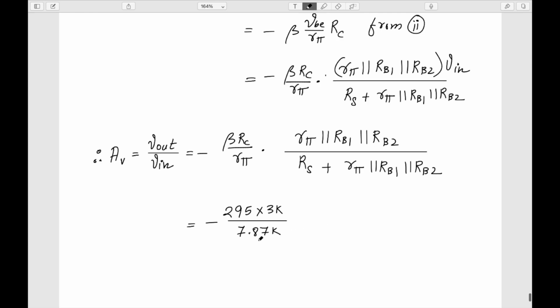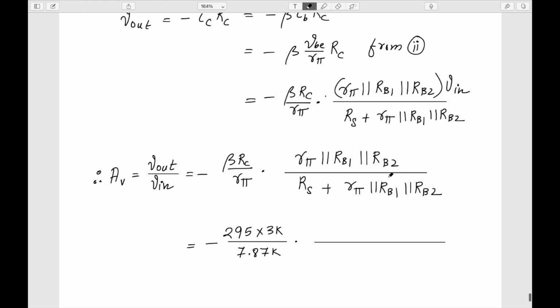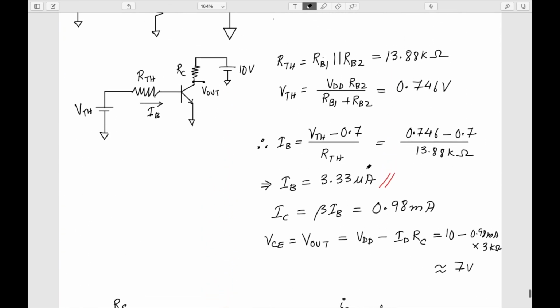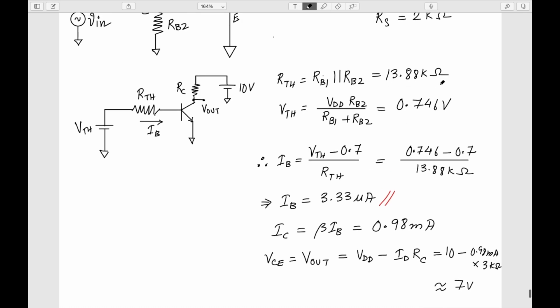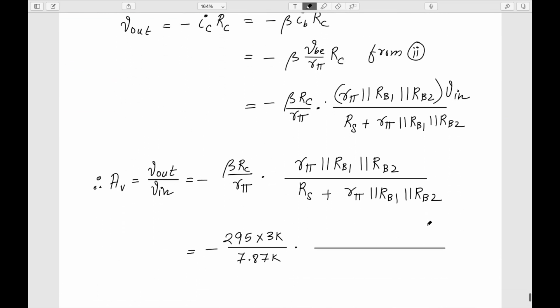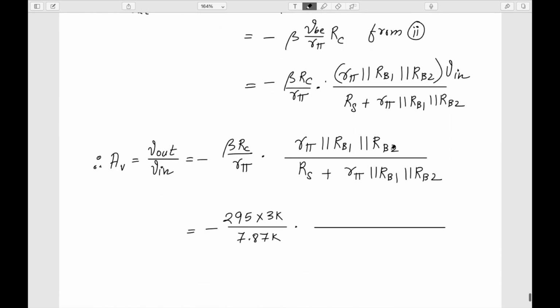In my case RB1 parallel RB2 happens to be 13.88, and if I make this one parallel with 7.87 R pi, this whole expression I'll get a value of approximately 5 kilo ohms.